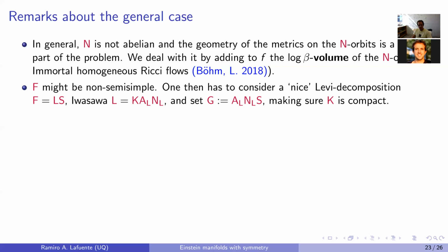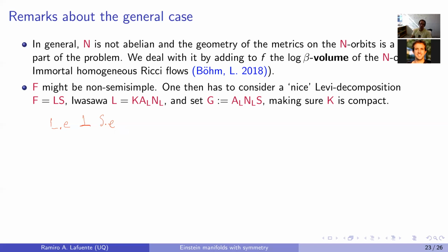So the semisimple part I call L, and the solvable one I call S. Now, by the structure results for Einstein homogeneous metrics, we know that we can take such a decomposition so that the orbits of these two subgroups are orthogonal at the identity, right? So there's a compatibility between the geometry and the Lie theory, so to speak, and this will be very important in the proof.